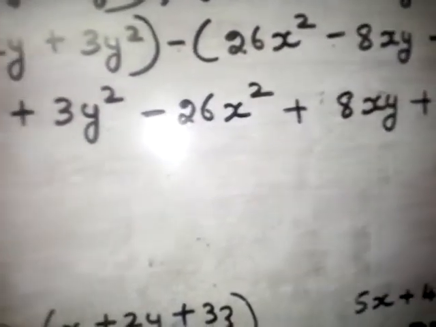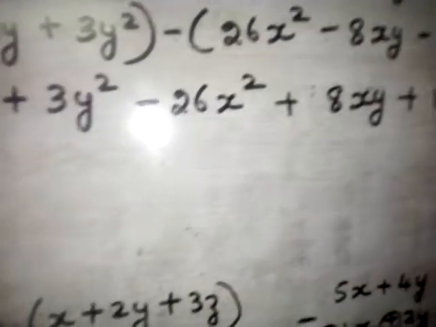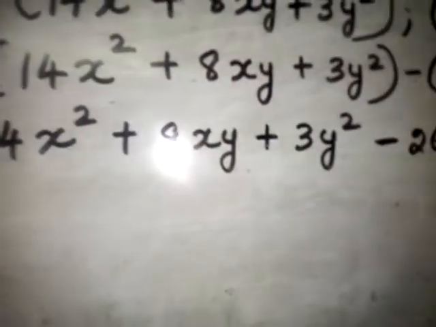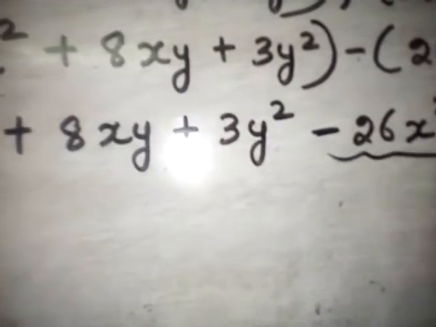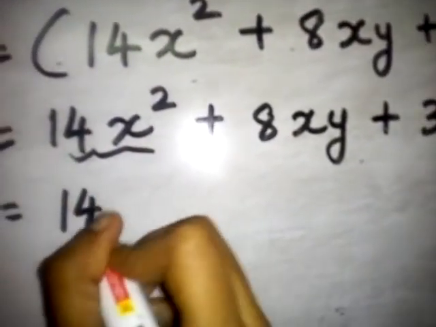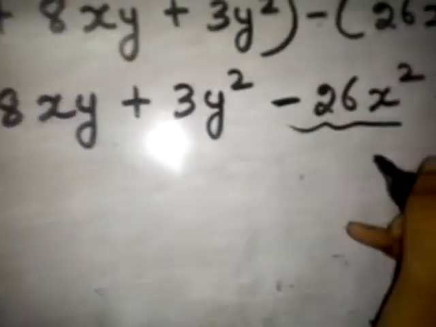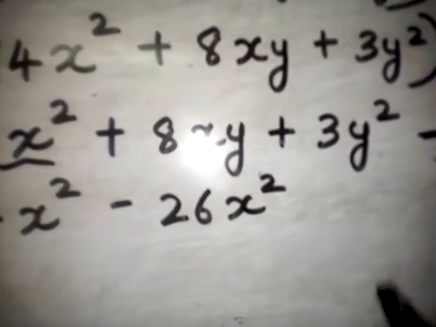Now you have to write the different numbers with the same variables. You have to bring them together and write. That means like terms you have to write together. 14x square minus 26x square.